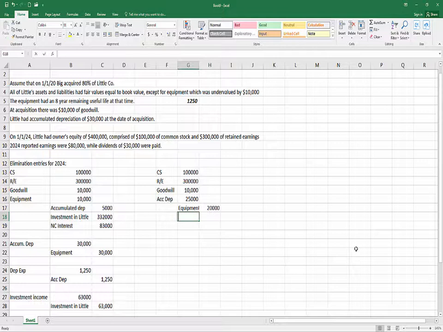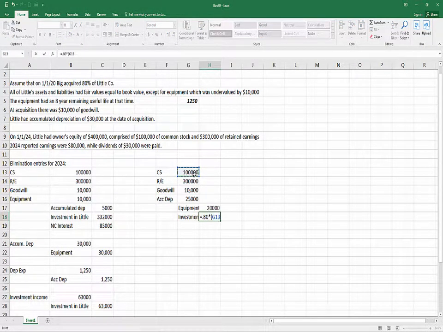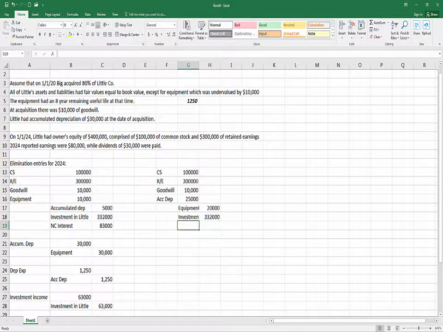In any event, the investment in little, same as it was last time. They're going to get their 80% of this plus this plus this plus this minus this. Same 332 as it was over here. Likewise, the non-controlling interest would be the same as well.